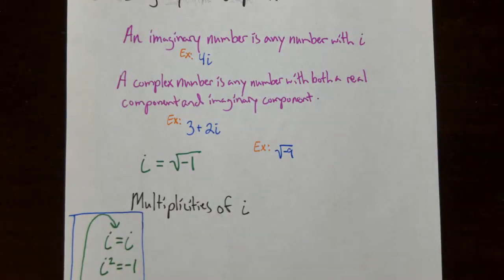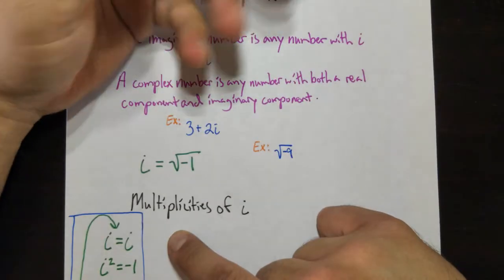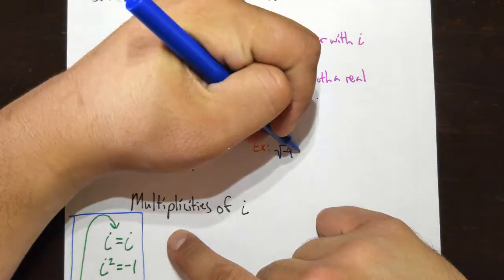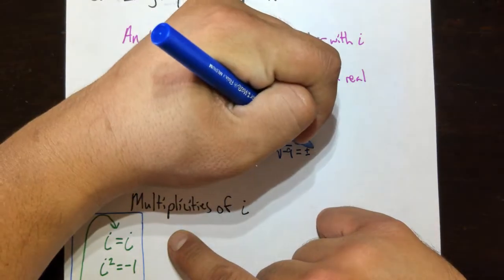We would think, okay, well, what is the square root of positive 9? And the square root of positive 9 is plus or minus 3. But because there's a negative, we need to incorporate the i. So the square root of negative 9 is plus or minus 3i.